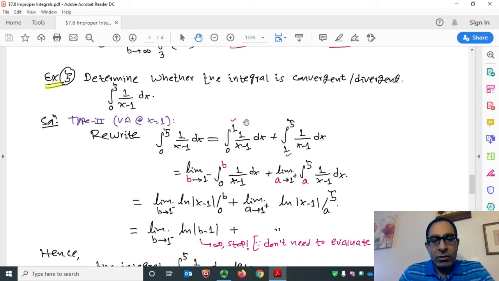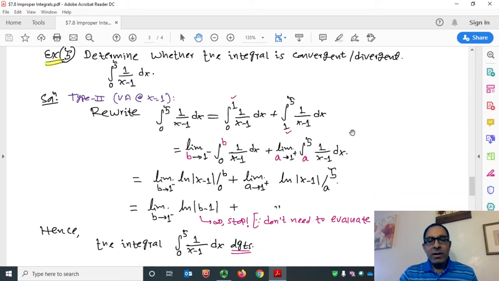So 0 to 1 of 1 over x minus 1, plus the integral of 1 over x minus 1 from 1 to 5. And now I need to throw this 1 out. So I need to put another number here first. So let's go from 0 to b, same integrand function, and then take the limit. This b goes to 1 from the left side because I pick a number b less than 1.